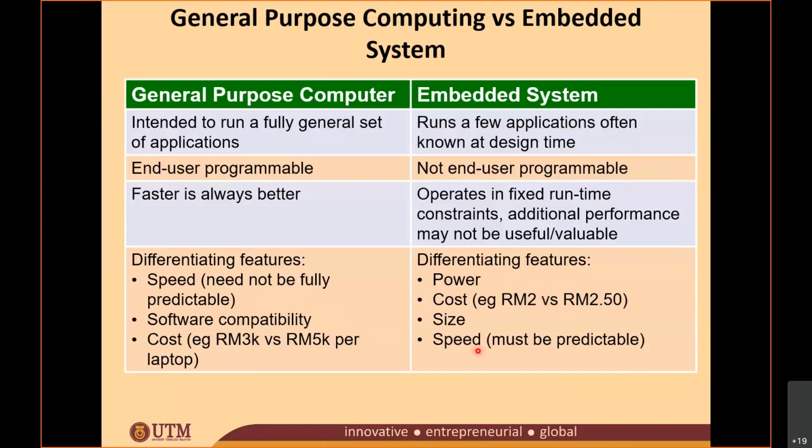This calculator is smaller in size, but calculator B is bigger. As for speed, it is not very necessary, it must just be predictable, because the embedded system only runs a few applications.